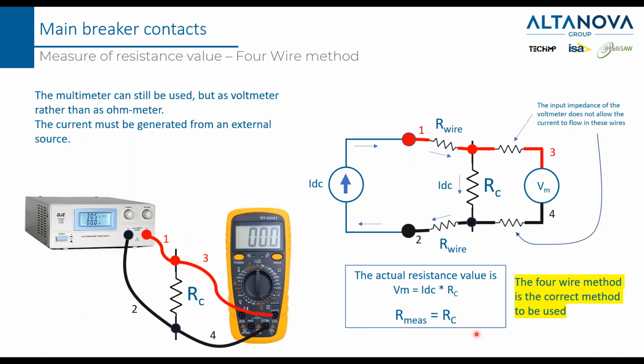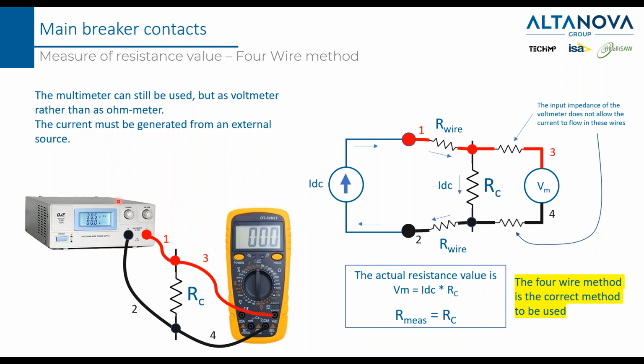And the solution is the 4-wire method. What we do is to split the measurement device in 2. You need the current source and the voltage input in different devices.